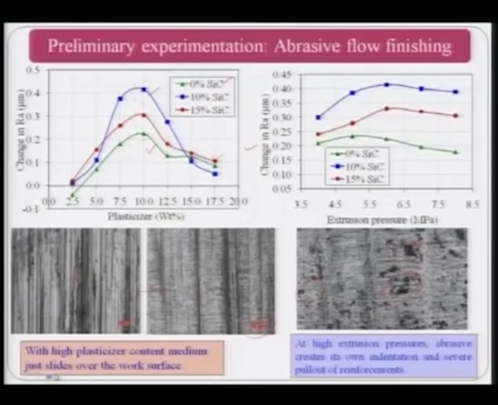This is the aluminum alloy with 0% silicon carbide, this is 10% silicon carbide, and this is 15% silicon carbide, and you can see initially some improvement in Ra, but after that it more or less stabilizes. So, one can say that there is some effect of extrusion pressure, but not substantial.